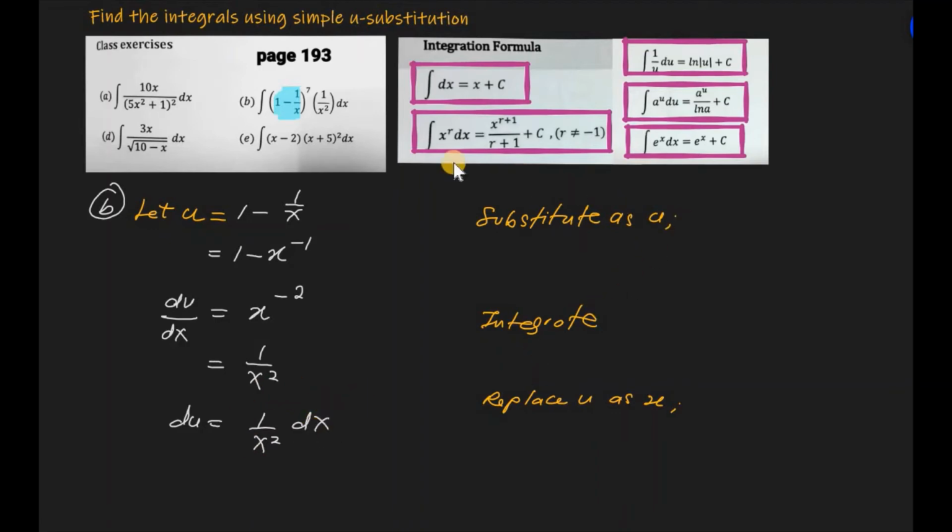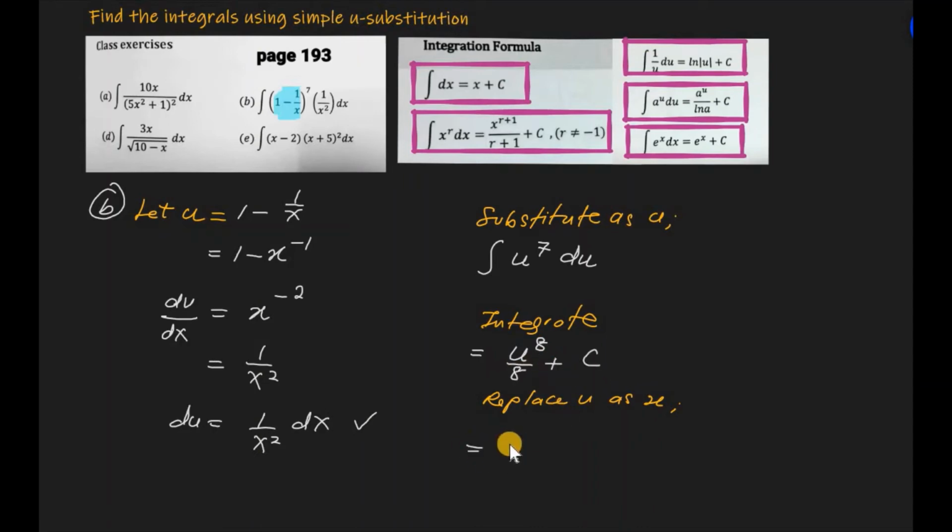Okay, so let's substitute. Eventually this question will become u power 7, and we have there 1 on x squared dx. 1 on x squared dx is the du. Alright, now it's easy for us to integrate. Using the formula, integrating is u power 7 plus 1, 8, over 8.